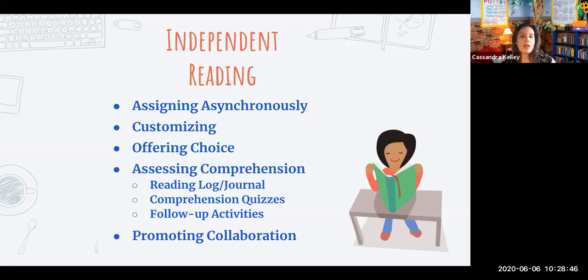So the idea is that we can give them a list of different books, or we can give them a set of topics that they can research the different materials, but we want them to have opportunities to pick and choose what they'd like to read, just like we would want to pick and choose. And we want to make sure it's on their level. So that's the beauty, again, of some of these tools, is that they will actually do that work for you, and they will differentiate the levels of the text.